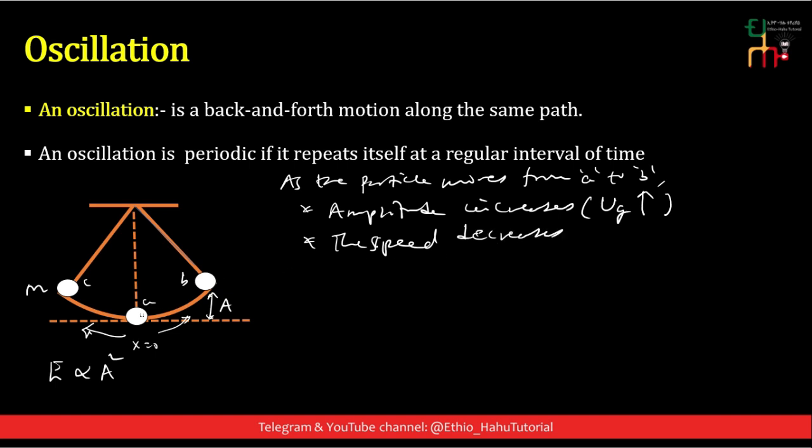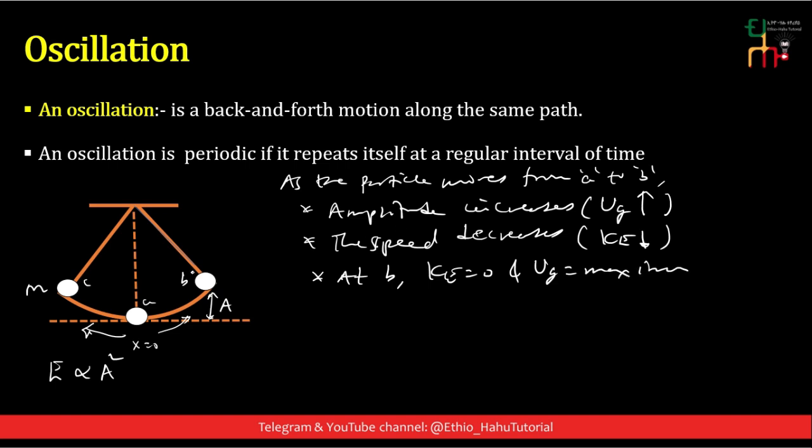The speed of the particle as it moves from A to B decreases, meaning that its kinetic energy becomes smaller and smaller. When it reaches point B, the kinetic energy is 0 and the gravitational potential energy is maximum.